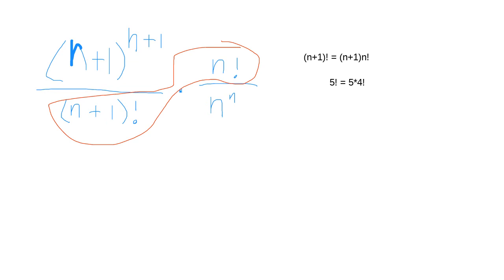So this one I can write as (n plus 1) times n factorial. Then n factorial divided by n factorial becomes 1. So in the denominator, I'm left with (n plus 1) times n raised to n.